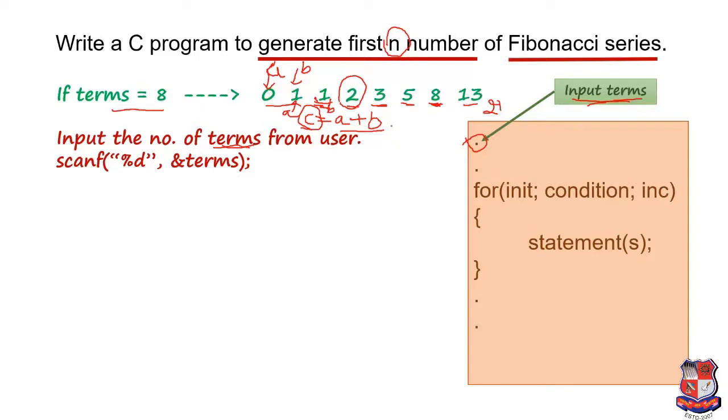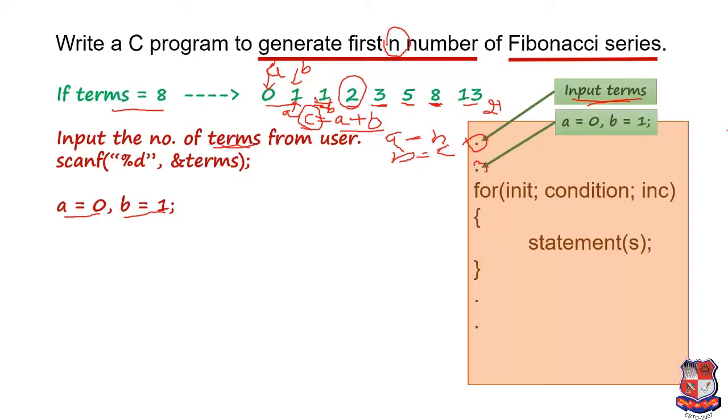So we have to write like this: A equals B and B equals C. The same we have to repeat up to n terms. We are giving the value 0 to A and value 1 to B, and this we have to write over here.